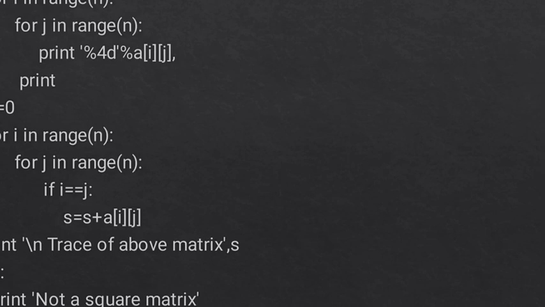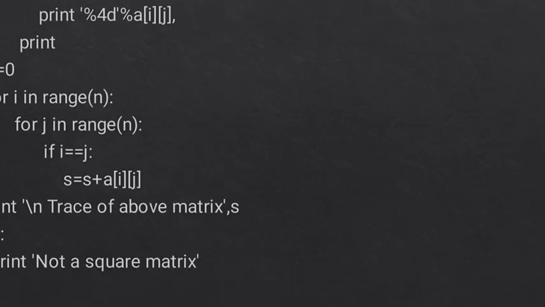That means the first element of the diagonal is row 1 and column 1, then 2 by 2, the second row, second column, then 3 by 3, and 4 by 4, fourth row and fourth column. So s is equal to a i j, and this operation only happens if i is equal to j. The sum is stored in s.